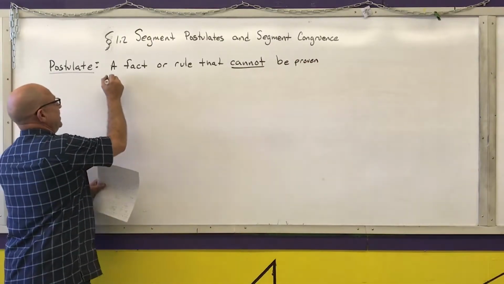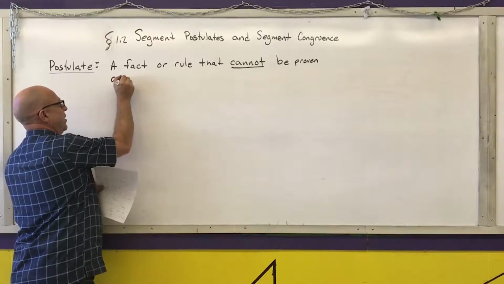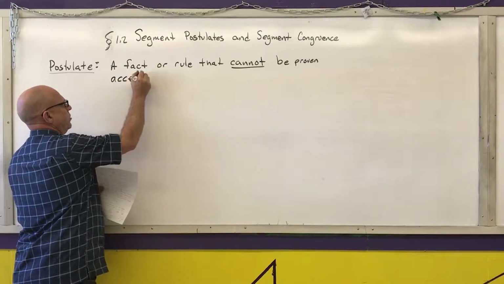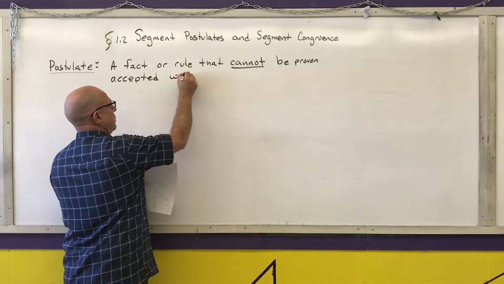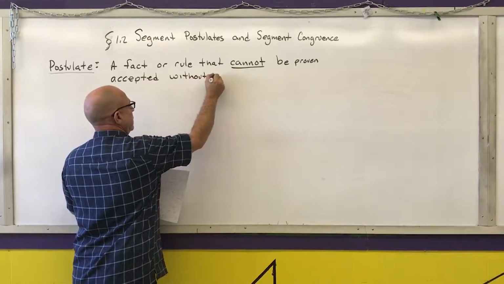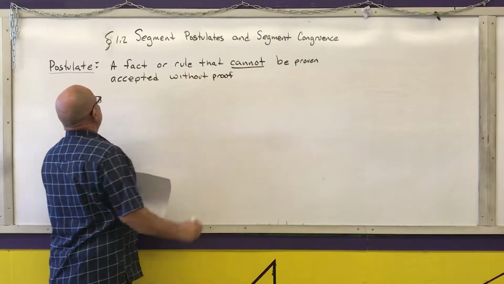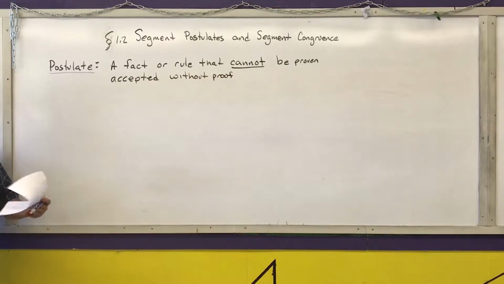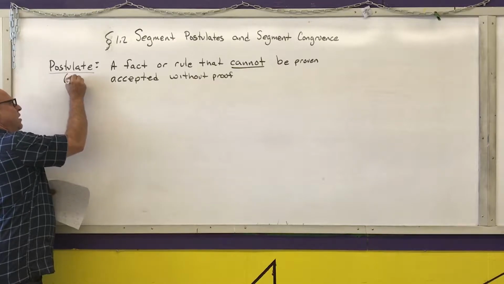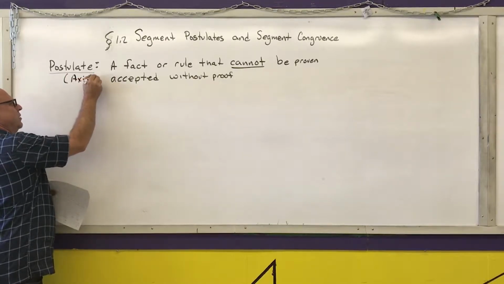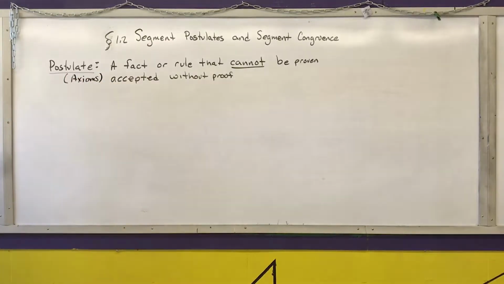It is accepted, so another way to think about it is a postulate is a fact or a rule that is accepted without proof. So postulates are accepted without proof. You may see some books, and they call these axioms. Okay? We are going to call them postulates.